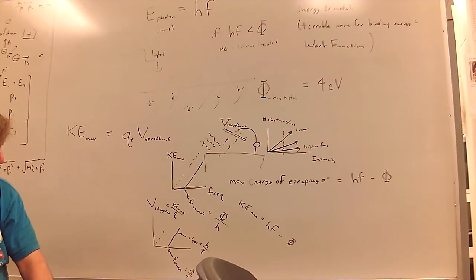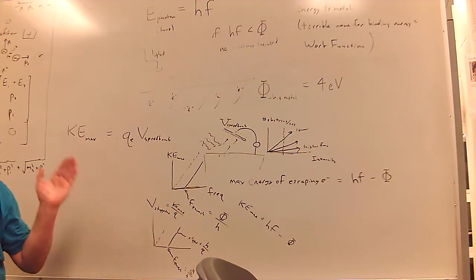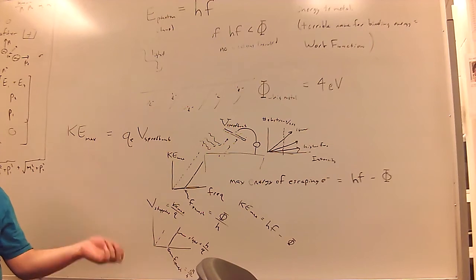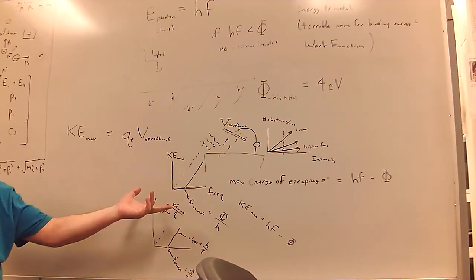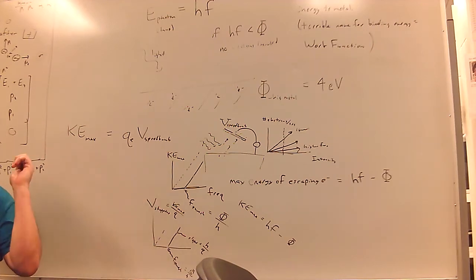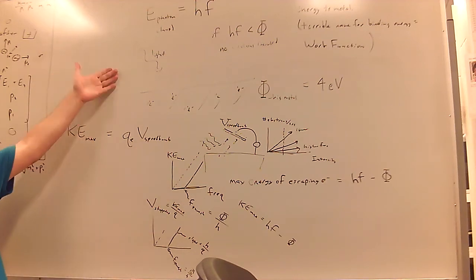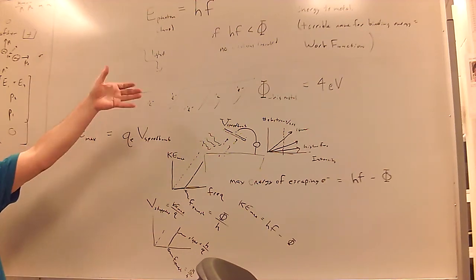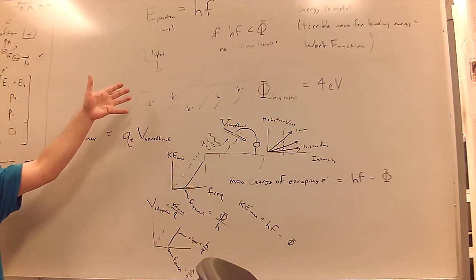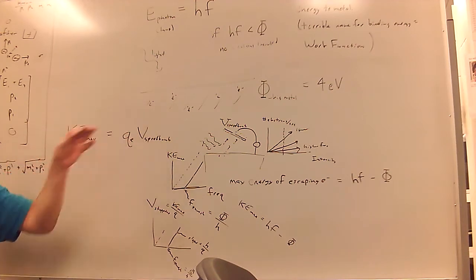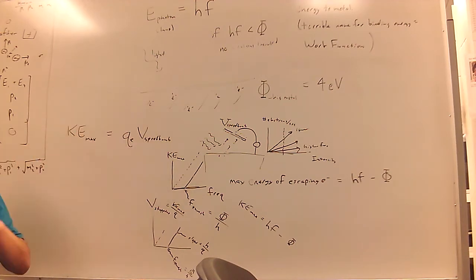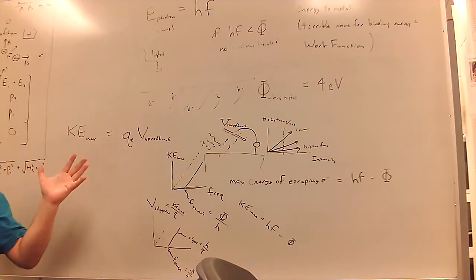An electron leaving the metal has energy that could be anywhere up to Ke max, plus potential energy, which would be 0. The electron arriving at my target has kinetic energy 0 if it barely made it to the top of that speed bump. But what's its potential energy? Q electron times V speed bump.